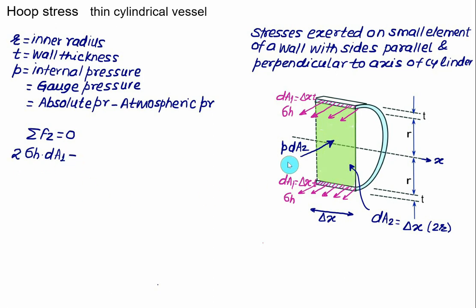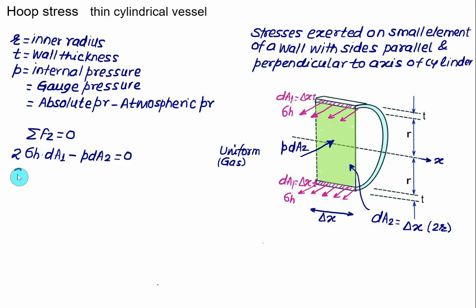And the pressure force, assuming that this one is uniform, so pressure is assumed to be uniform. Pressure is uniform only in the case of gas, whereas the pressure will change in the case of liquids. As the depth will change, the pressure will also change. We assume here uniform gas pressure, and this pressure force will exactly pass through the centroid of the given area, but we are interested here in the total value of the force, which is the same as P multiplied by dA2, and this value must equal to 0.